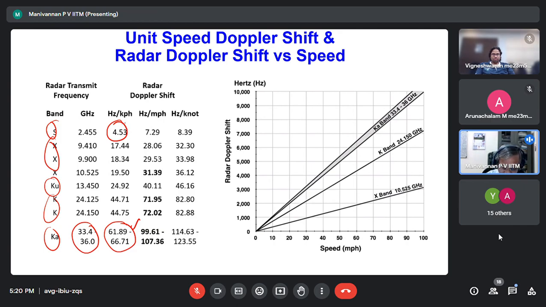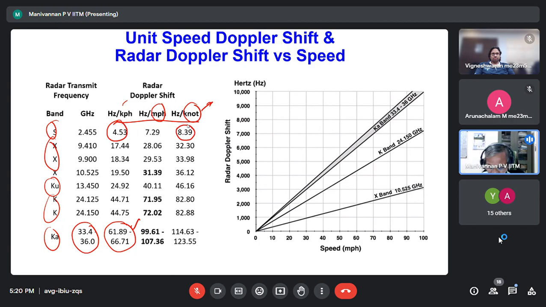Okay, so here the same thing is given. How many hertz will change in miles per hour, knots? Because you know fighter planes, ships, all those things are talked about not in kilometers or miles, but in knots. So how does 1 knot speed change the frequency? We know 1 knot is around 1.8 kilometer, and a mile is 1.6.